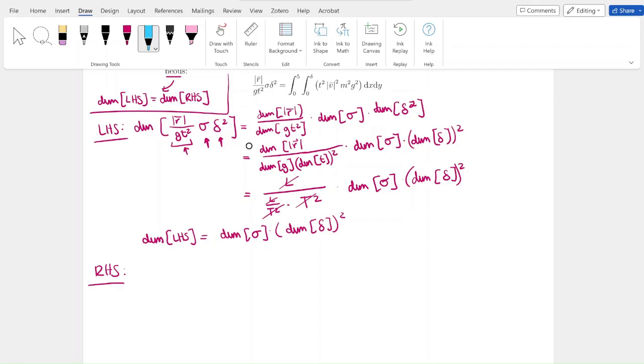Okay, so now let's tackle the right hand side, which is very ugly.